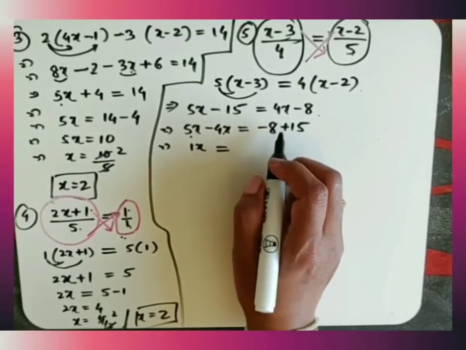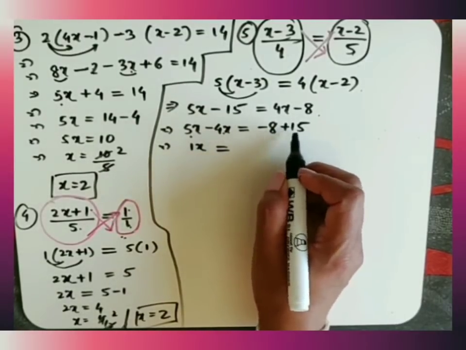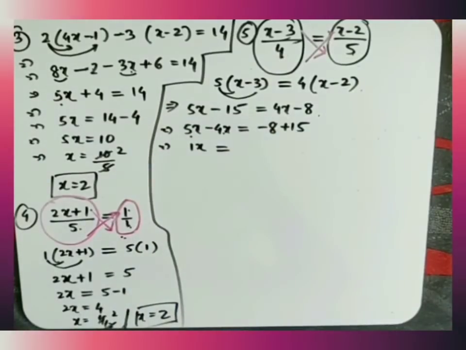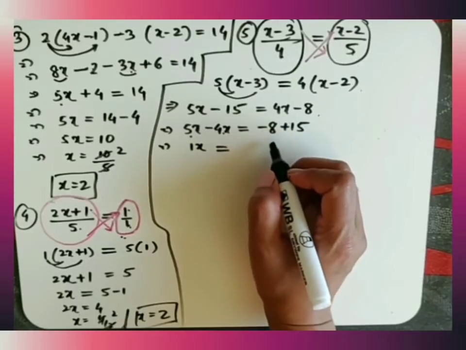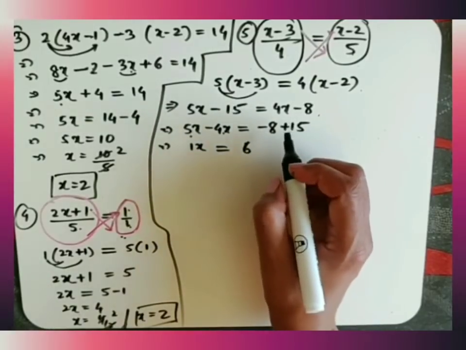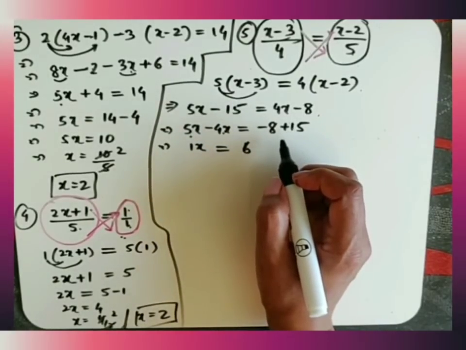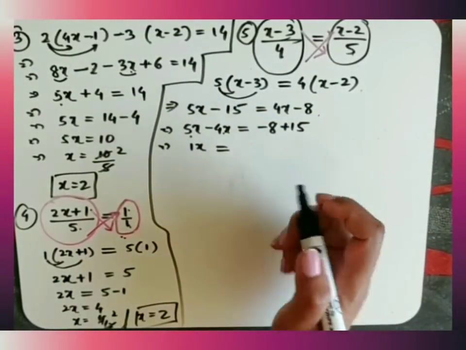You can see that here are two signs, minus and plus. So straight away you can subtract here. So 8, take away 8 from 15. What do you have left? This will be 7.